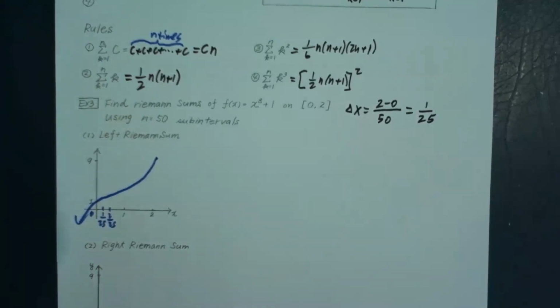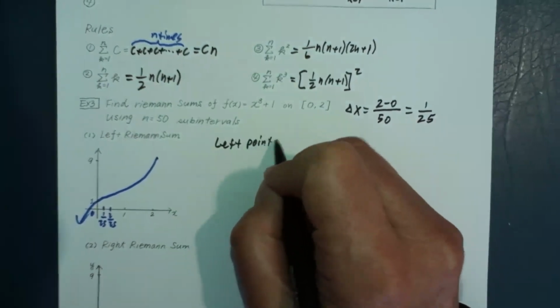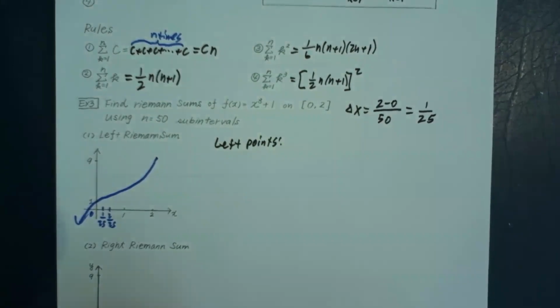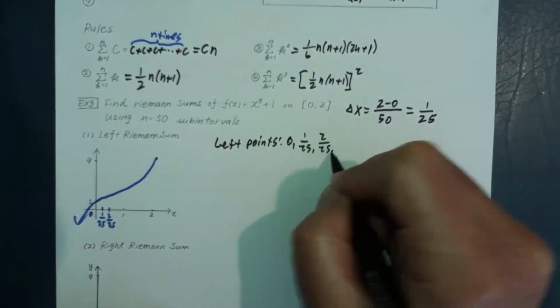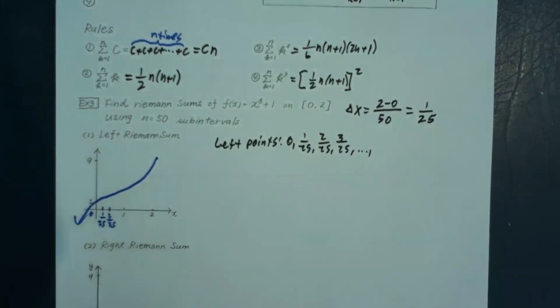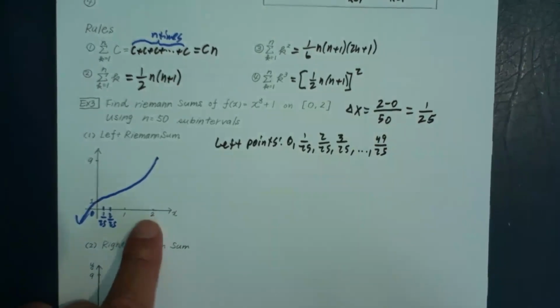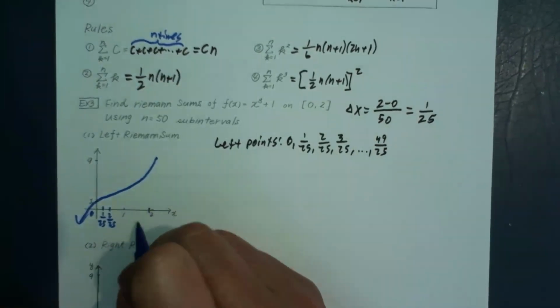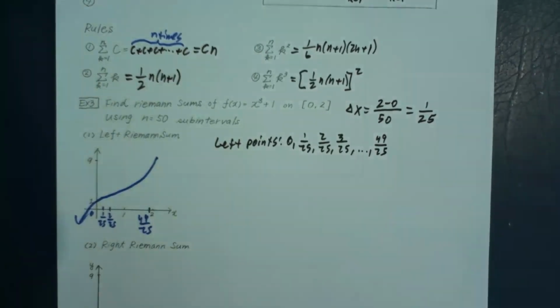So here's what we're going to end up with. Our left points are going to be 0, 1 over 25, 2 over 25, 3 over 25, up to 49 over 25. Notice that's just shy of 2. That'd be like right here, because they're left-hand points.